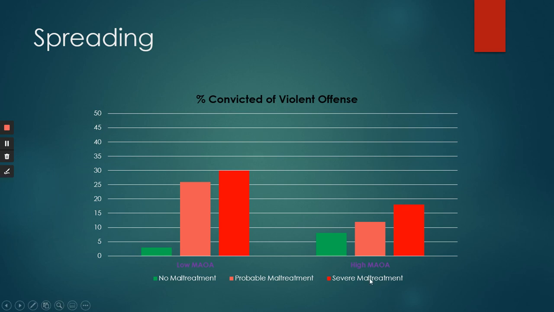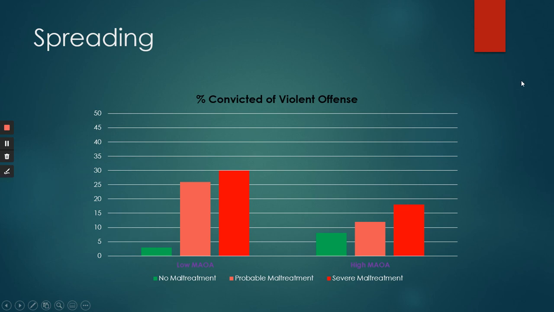And in red, there's severe maltreatment. And again, the literature also says that maltreated children tend to become more violent when they're older. Makes sense, right? So we see there's a main effect here. If we just ignore the neurotransmitter stuff, we can see that more maltreatment leads to more violence, from no to probable to severe.